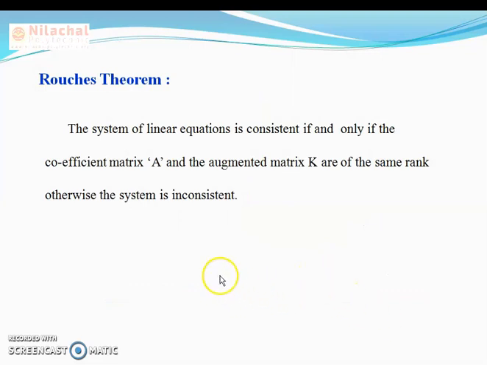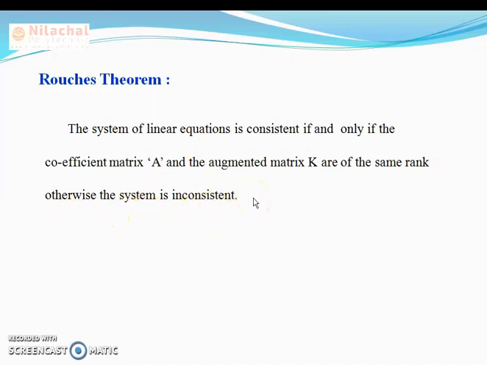Clear? Then a scientist gave a theorem, called Rouché's theorem. What did he say? The system of linear equations is consistent if and only if the coefficient matrix A and the augmented matrix K are of the same rank. Otherwise, the system is inconsistent.